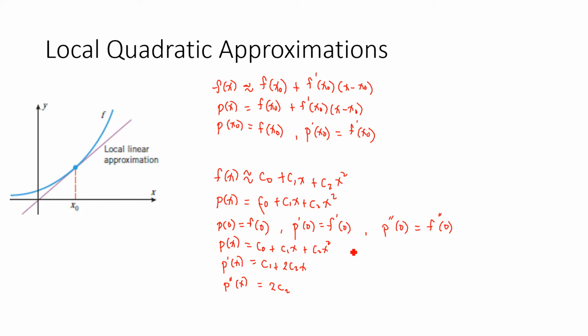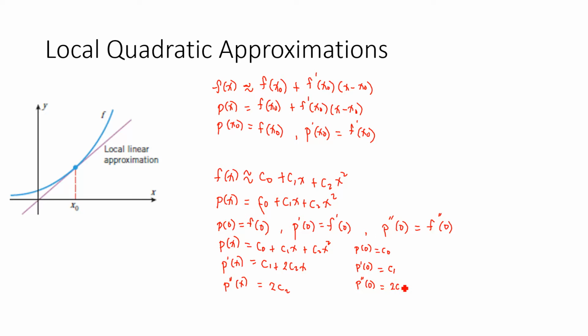In this case, p of 0 would be equal to c sub 0, the first derivative of p at 0 is equal to c sub 1, and the second derivative of p at 0 would be equal to 2 c sub 2.